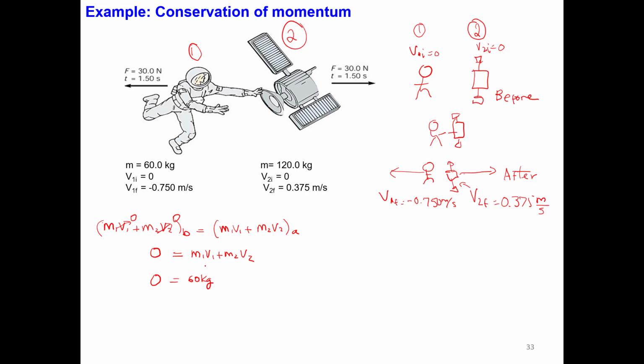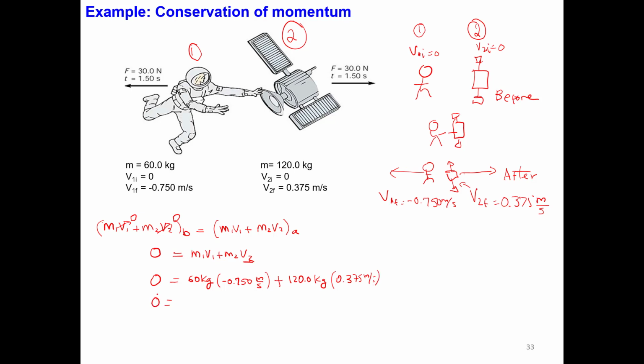The velocity, in our case, is this velocity. We call it the final velocity. Negative, let me write here the negative. This corresponds to negative 0.750 meters per second, plus mass 2, the mass of the spacecraft, will be 120 kilograms, multiplied by the velocity after the collision, which is 0.375 meters per second.